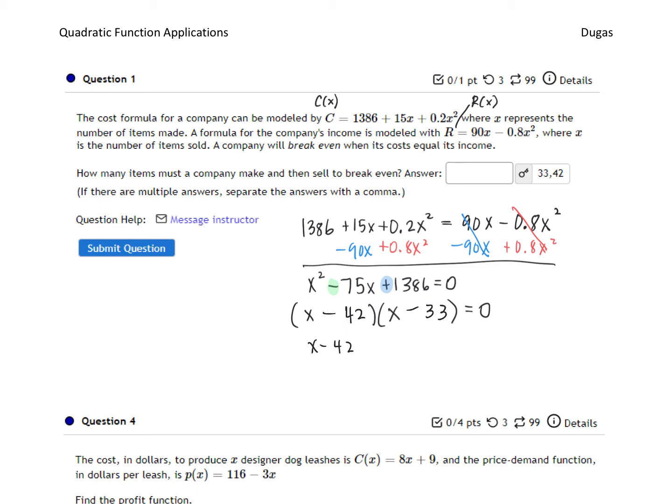Then set each factor equal to 0 and solve. So x is 42 and x is 33. So those are the 2 answers that you'll get. And you'll see I actually left the answers up here. 33 and 42 are the 2 answers that I should have gotten, and I did.